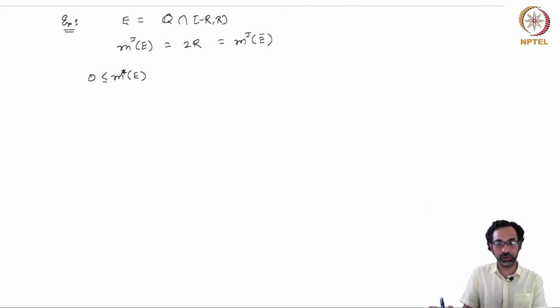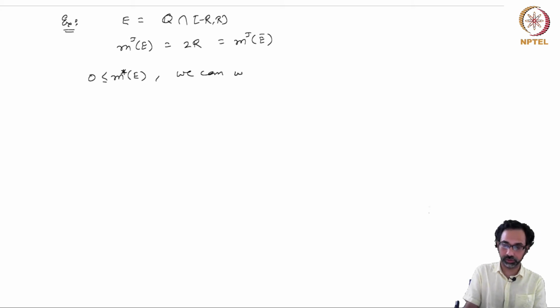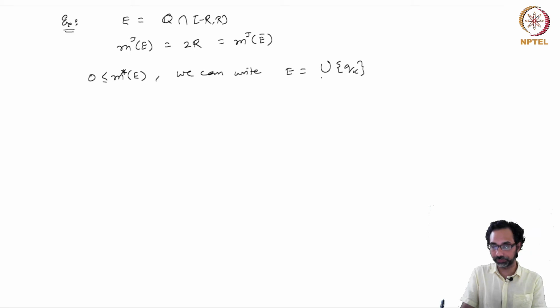We know that this is nonnegative because it is only defined using measures of boxes; it's a sum of nonnegative things. However, we can write E as the union of these disjoint sets Q_k, k from 1 to infinity, where the Q_k are the rational points within the interval from -R to R. Each of these can be regarded as a degenerate box, meaning that its length is 0.